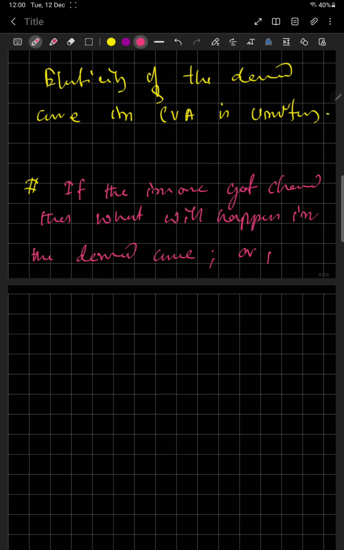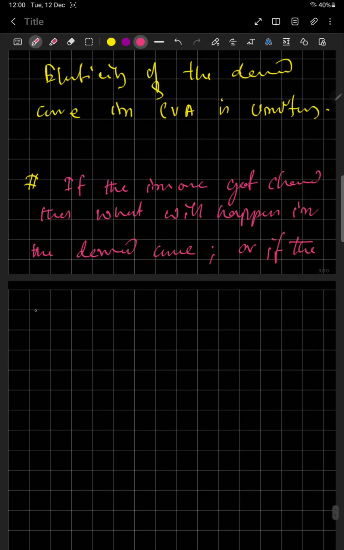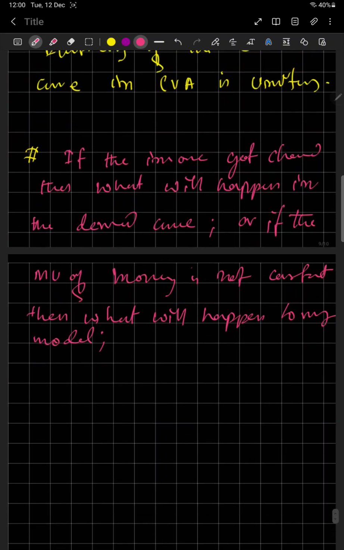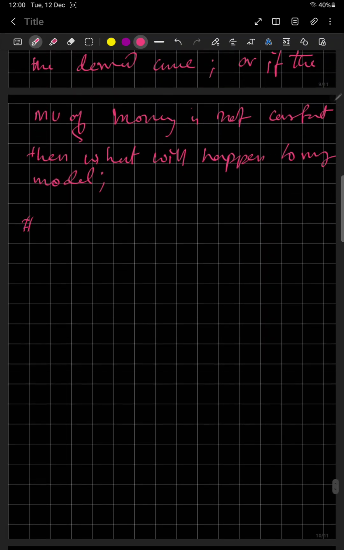Or if the marginal utility of money is not constant, then what will happen to my model? So let's try to answer this question.